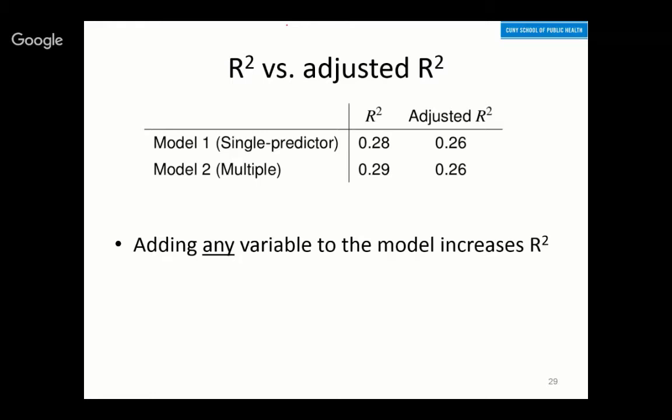So adding any variable, even a completely random variable that has nothing to do with your outcome, will always increase R squared, because adding any predictor variable, when you fit a model to it, will give you some amount of prediction. Its sum of squares of the different possible predictions for that variable has to be greater than 0. So the more variables you add, the higher your R squared gets.